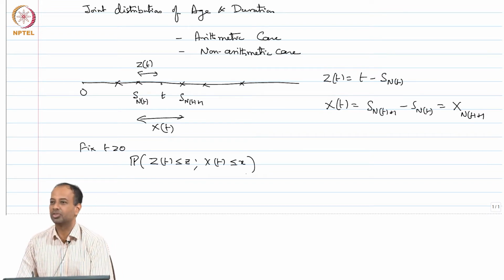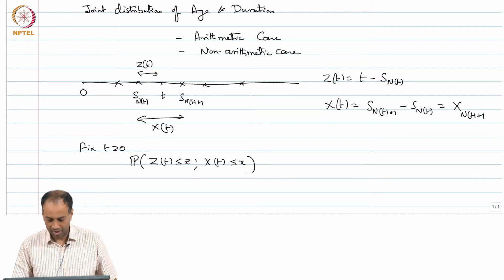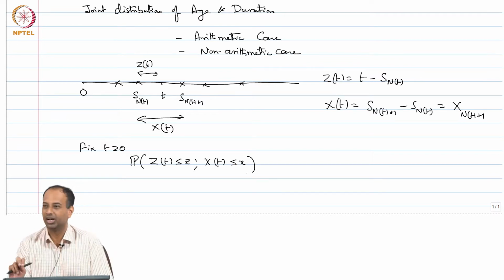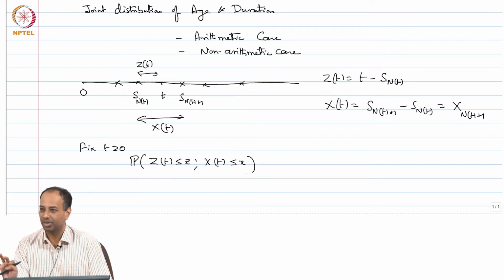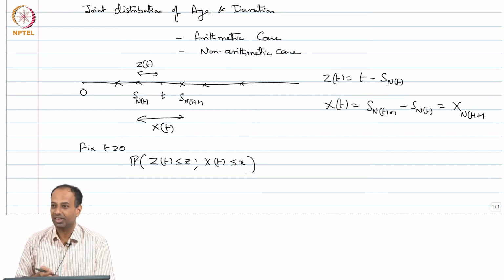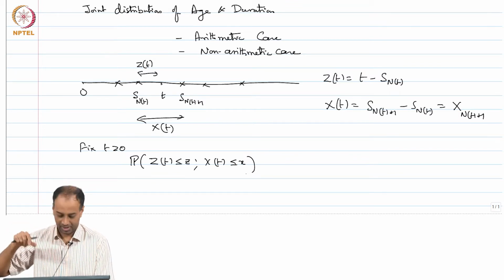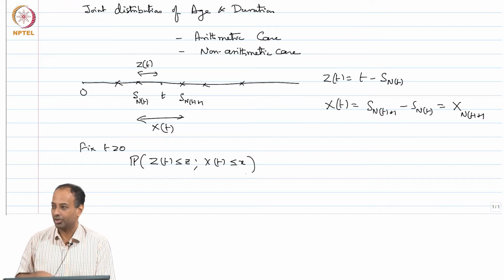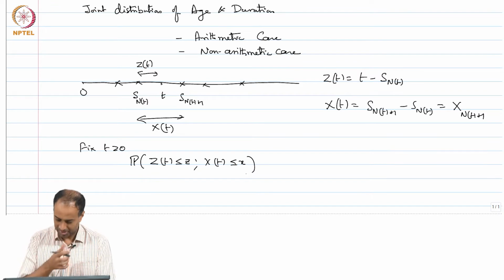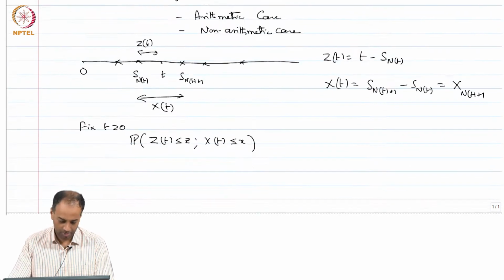This would be the joint distribution, and it will be a function not only of little z and little x, it will also depend on t for any finite t, and presumably as t tends to infinity you will have some steady state ensemble reward. This can be written as the expectation of the indicator that Z(t) is less than or equal to z and X(t) is less than or equal to x. Presumably it will have some steady state limit as t tends to infinity, all right. So, we will see how it works out, okay. That is the topic of this lecture.